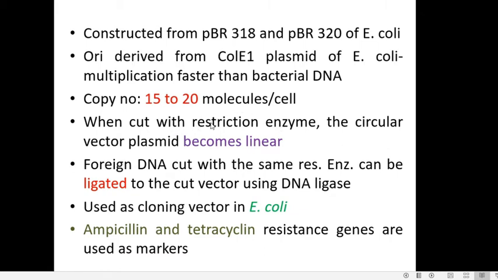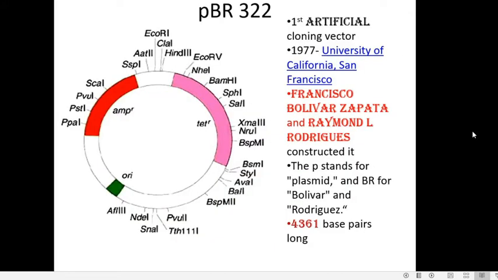This pBR322 has a number of restriction sites. Look at this vector. You can see a number of sites marked here.